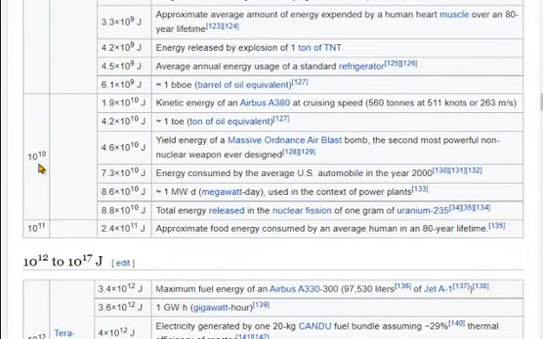So for example, 10 to the 10th is the kinetic energy of an Airbus, or the yield energy of this air blast bomb, the second most powerful non-nuclear weapon ever designed, or energy consumed by the average US automobile in the year 2000, or, I like this one, the approximate food energy consumed by an average human in an 80-year lifetime. And since this is just for 1 kilogram, as comparison, I'm 100 kilograms, so 100 people like me.